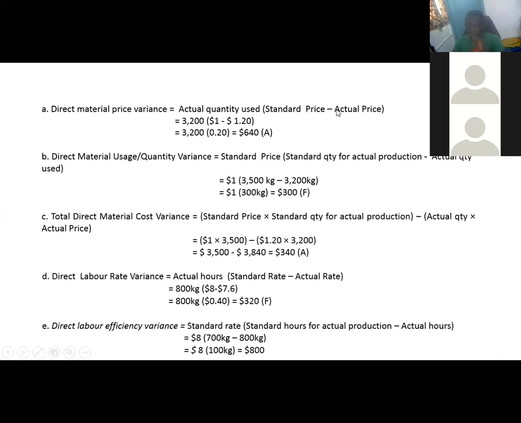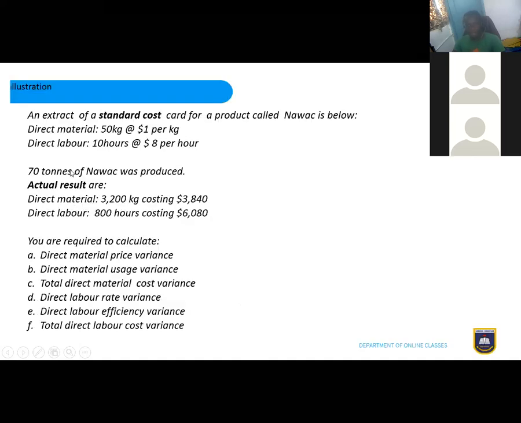Now, the second one says minus actual price. Let's move back so that we can see the actual price. This is the actual results column. Direct material: they said 3,200 kg costing $3,840.